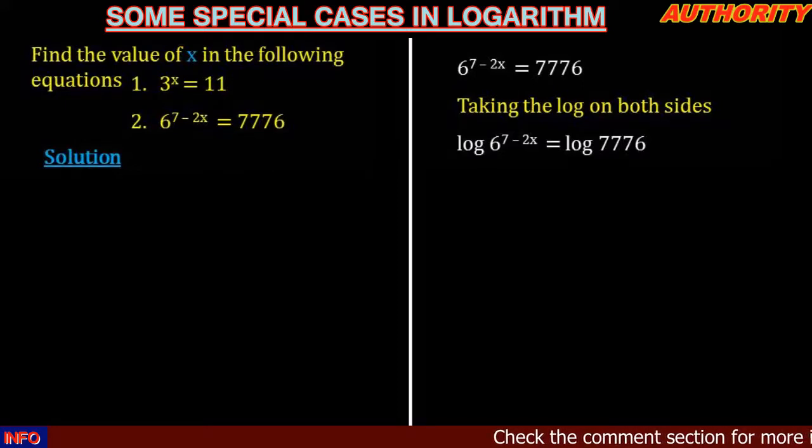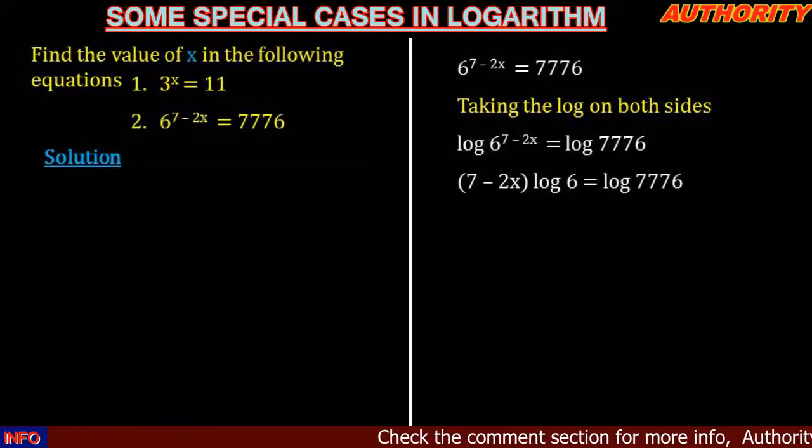Okay, so in this left hand side where we have log 6 raised to power 7 minus 2x, the whole of 7 minus 2x can come to the back. That means we have 7 minus 2x in bracket log 6 is equal to log 7776.